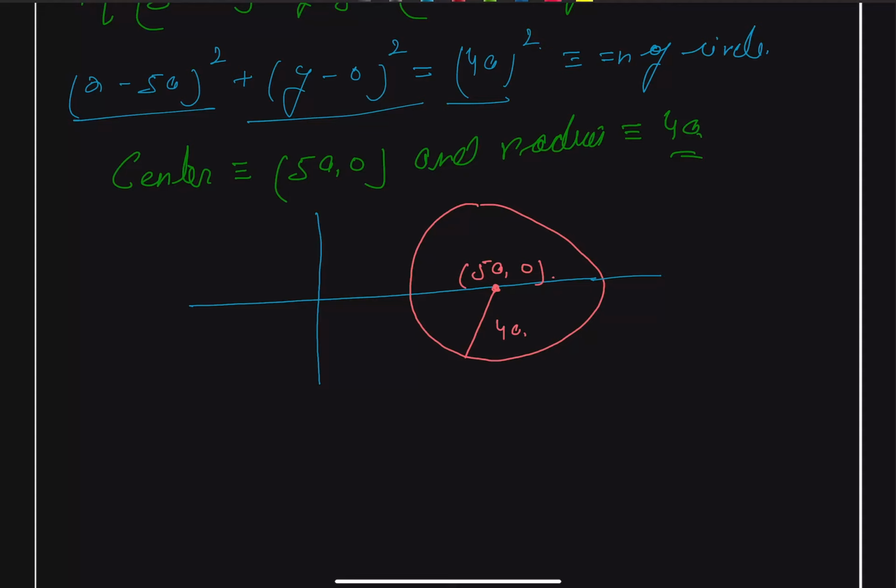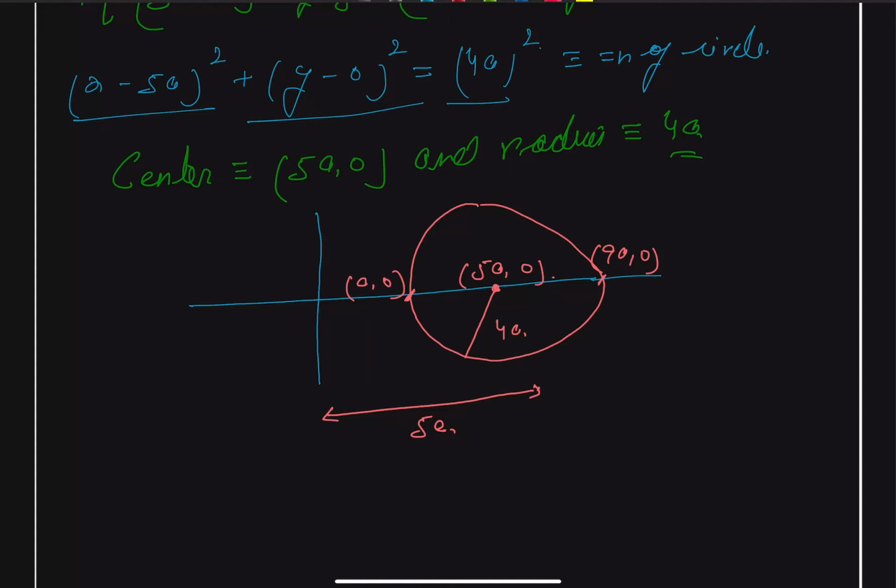So the total distance is of 5a, and radius means that this point will be coming as a, 0, and this point will be coming as 9a, 0.